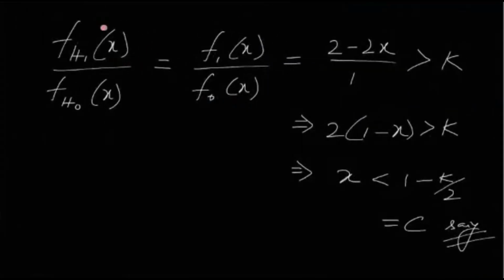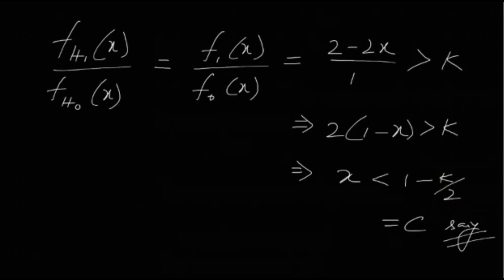So f1(x) divided by f0(x) is 2 minus 2x divided by 1, which has to be greater than k. This is greater than k if and only if x is less than 1 minus k by 2, which we call c. This is irrelevant; we can consider it as any new constant. So x is less than c.